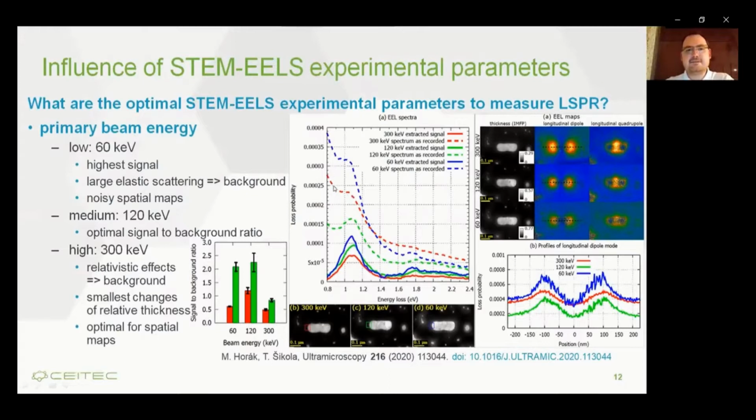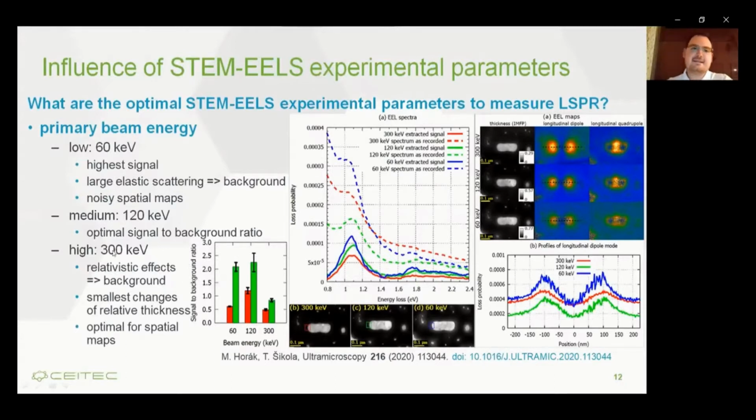In this case, the background is not high due to scattering, but due to relativistic effects. It means the speed of the electron in the material is higher than the speed of light there, and Cherenkov radiation is excited there.